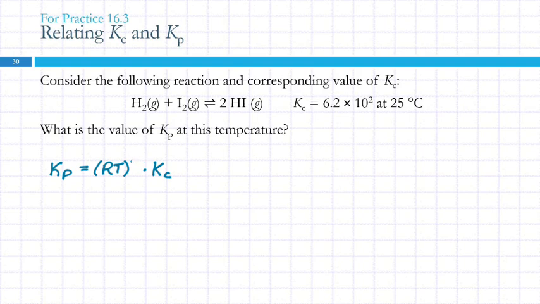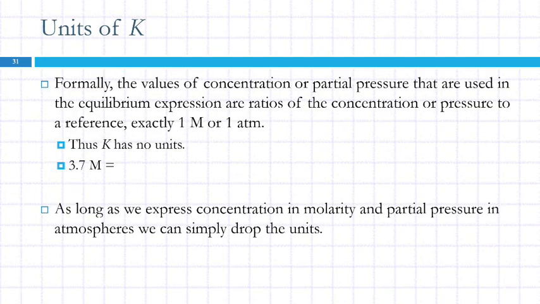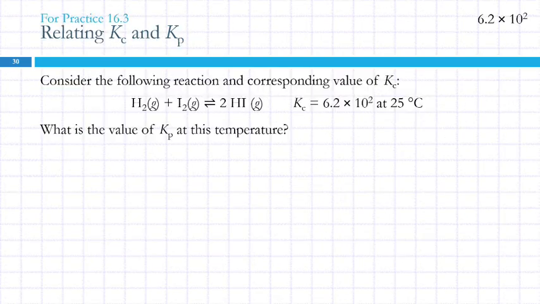So delta N is 0, which means that Kp equals Kc, which is 6.2 times 10 to the 2. That's one of those that seems too easy. It's not always like that, but it can be. So I don't know why they don't give us one that's actually different, but they didn't in the book. Any questions about that?